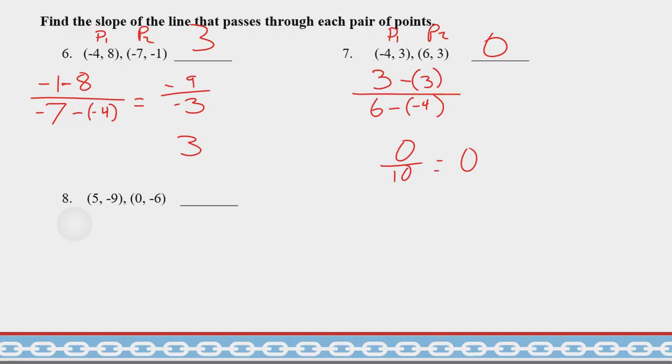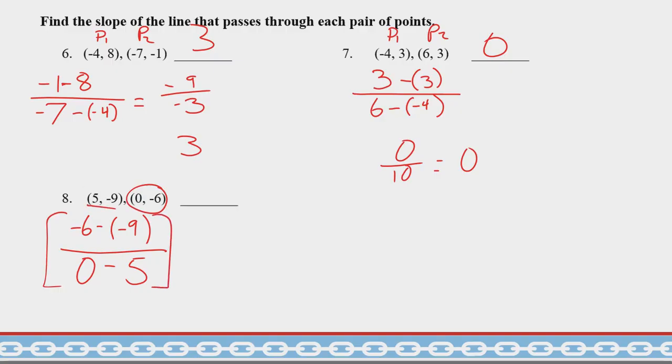For number 8, Y2 minus Y1 divided by X2 minus X1, right? If you ever get confused, right, make sure that your points are stacked on top of each other, right?